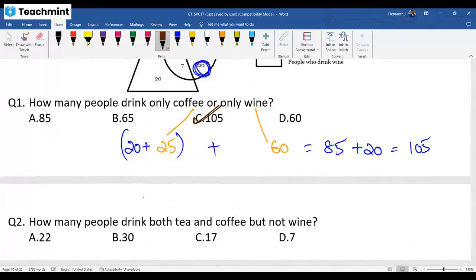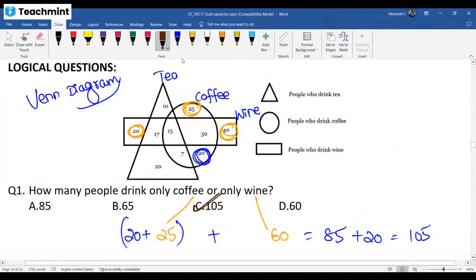How many people drink both tea and coffee, but not wine? Means I don't want wine in that. So only tea and coffee, or else tea and coffee but not wine. In that diagram, tea and coffee both are required, but not wine. Tea and coffee intersection, what is that?